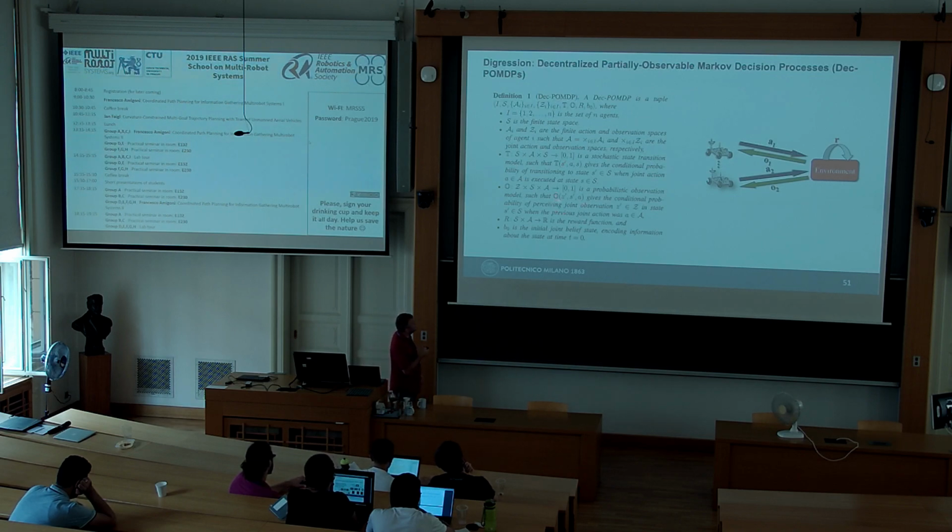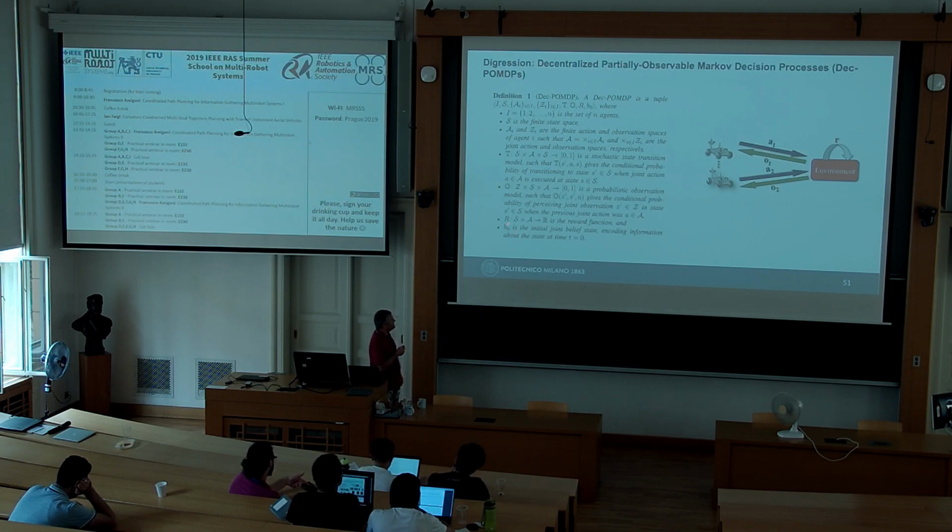A similar thing happens for the observation: given a state, the joint action of the system, and one possible observation, this function tells what is the probability of getting this observation when the environment is actually in this state.